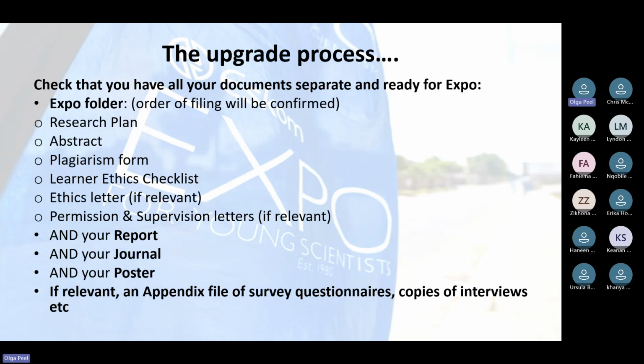So you do not take your computer to show anything. It's all got to be printed. The Expo folder, there are so many different lists. We will send out the order of the filing of the documents, because that does actually get looked at by the project approval team and by the judges.